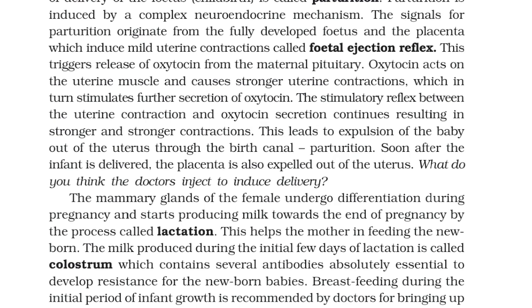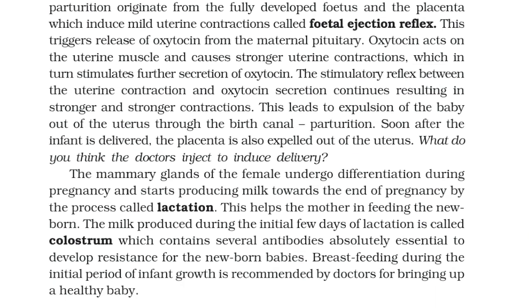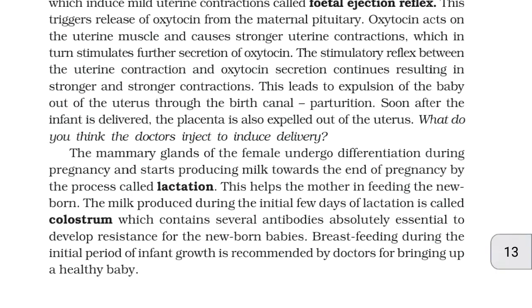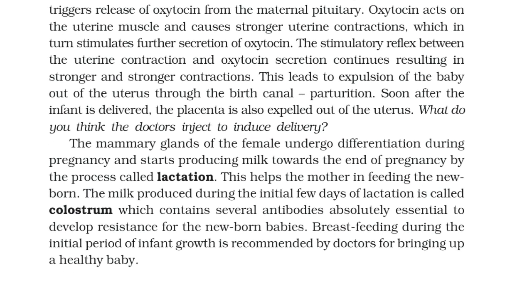This induces mild uterine contraction called the fetal ejection reflex. This triggers release of oxytocin from the maternal pituitary. Oxytocin acts on the uterine muscle and causes stronger uterine contraction, which in turn stimulates further secretion of oxytocin.